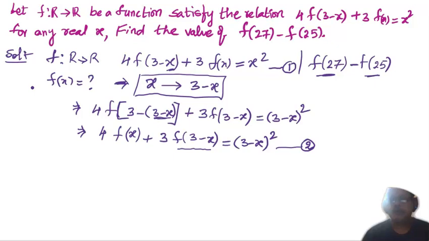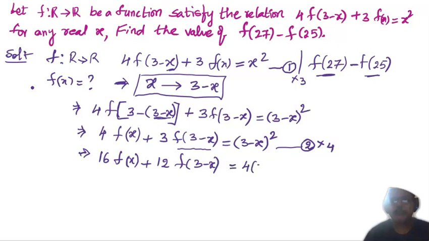So the first one I am multiplying with 3 and the second one I will multiply with 4. If you multiply this with 4, you get 16 f of x plus 12 f of 3 minus x is equal to 4 into 3 minus x whole square.